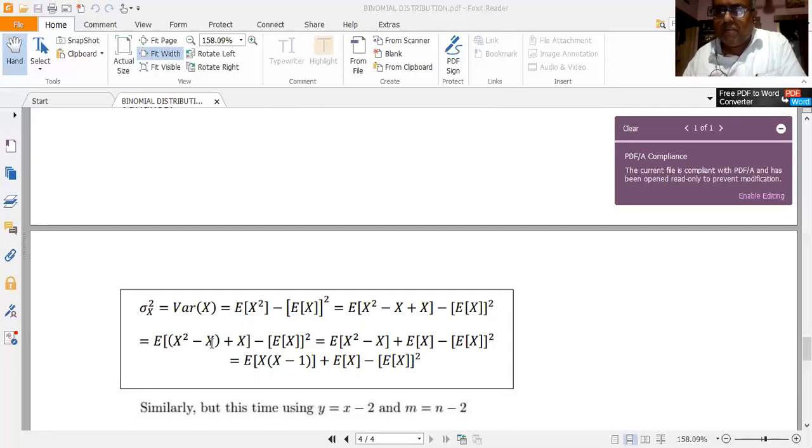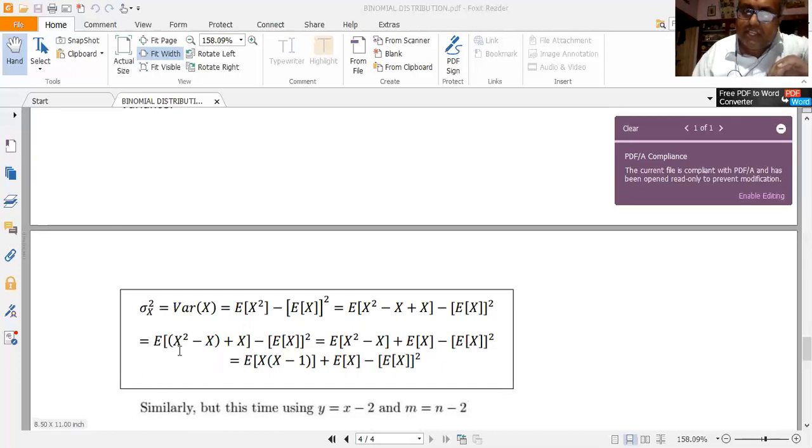One of the most important properties of expectation is that the expectation of a sum of two random variables is equal to the sum of the expectations of the two random variables. This is called the linearity property. I mean to say, suppose I have two random variables A and B, then the expectation value of A plus B is equal to E of A plus E of B.